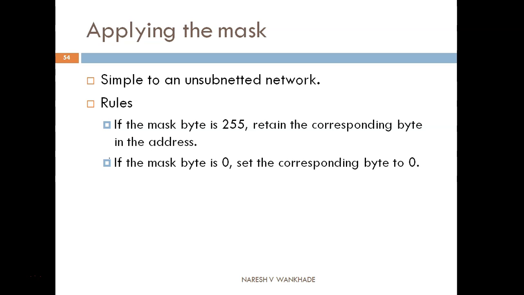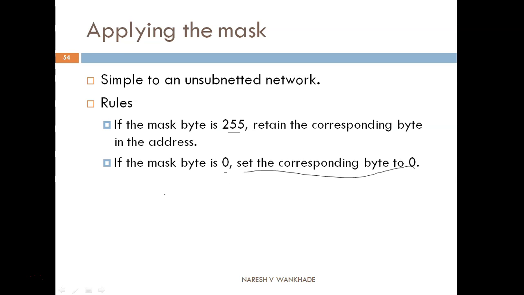Let's see how to apply the mask. This method of applying the mask is simple to an unsubnetted network, means the network is not subnetted. There are 2 important rules here. If the mask byte is 255, it returns the corresponding bytes in the address, and if the mask byte is 0, it sets the corresponding byte to 0, as we have performed in the AND operation.